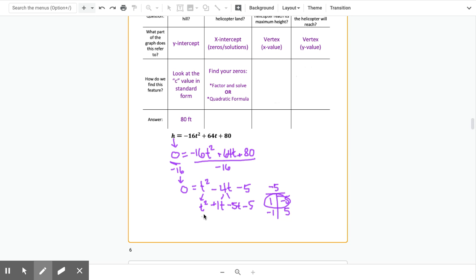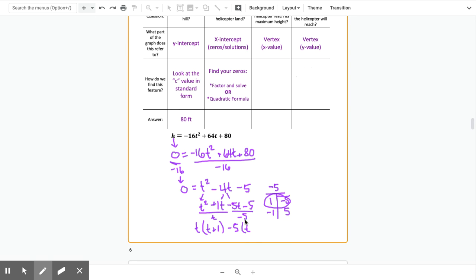Now I'm going to try to factor this. What should I factor out from the first half here? It's t. If I take out a t, I'll be left with t plus 1. What about the other side? What should we factor out here? Negative 5. So negative 5 on the outside, and inside the negative 5s cancel, leaving me with t.